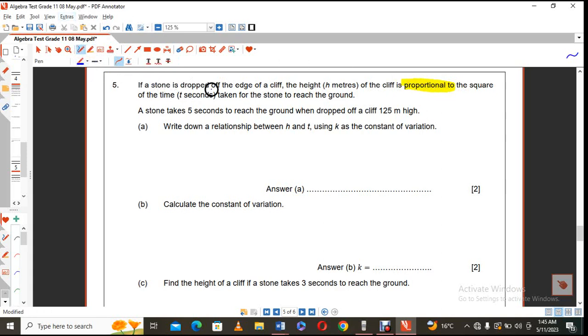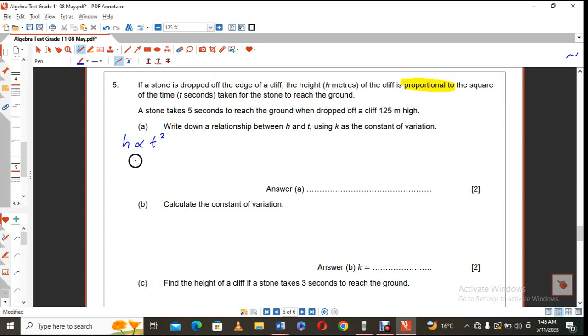If a stone is dropped off the edge of a cliff, the height h meters of the cliff is proportional to the square of the time t seconds taken for the stone to reach the ground. That means the height is proportional to t squared. Good. A stone takes 5 seconds to reach the ground when dropped off a cliff of 125 meters. Write down a relationship that exists between h, t, and k.